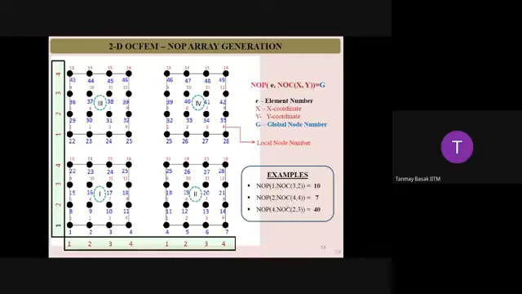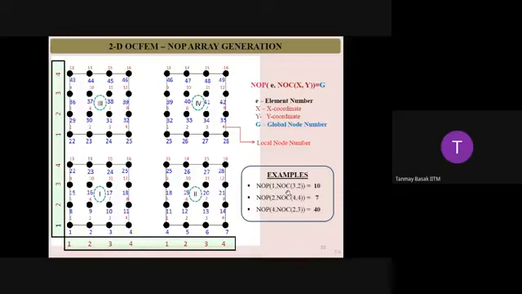I also introduce the NOP array. The first index is the element number, so you have 4 elements, 1, 2, 3, 4. Now you can see the array. This is the way you have to structure the programming.